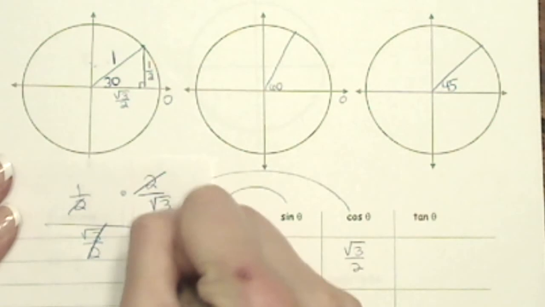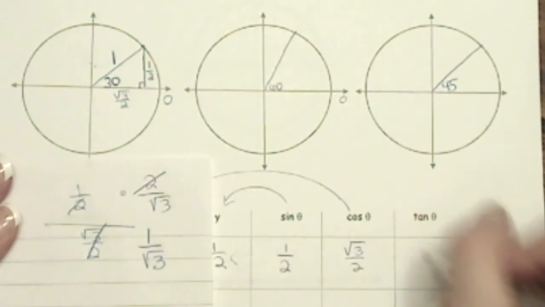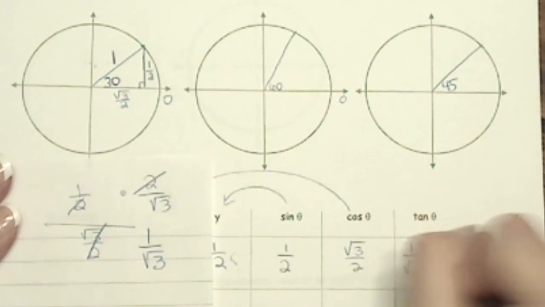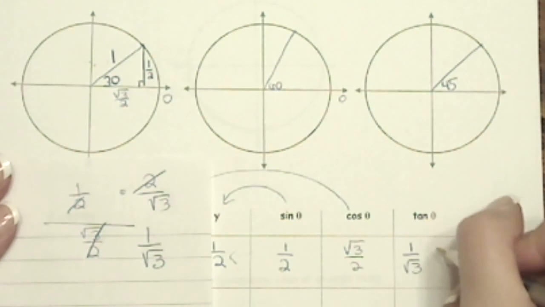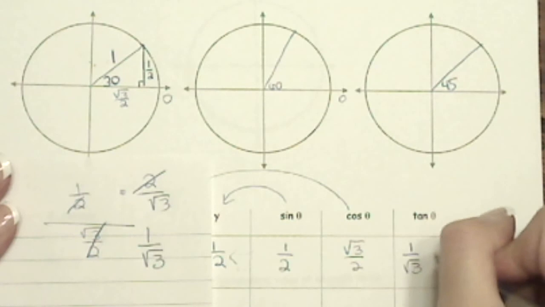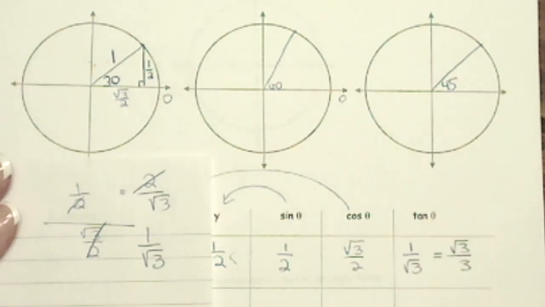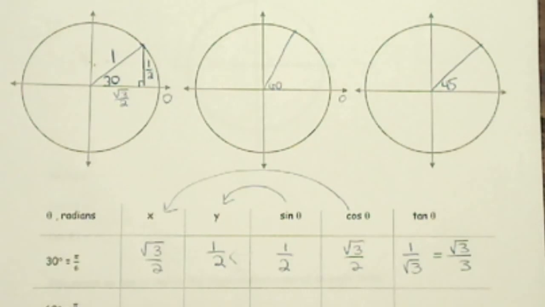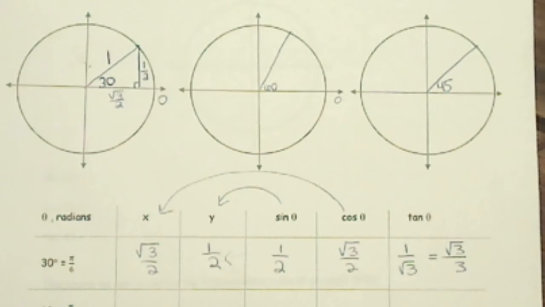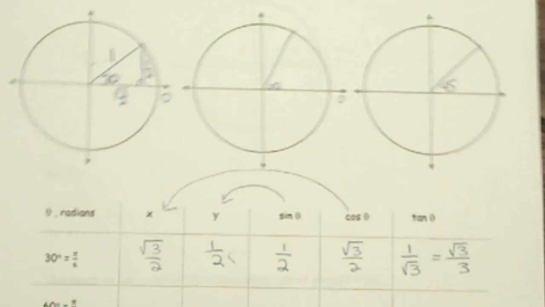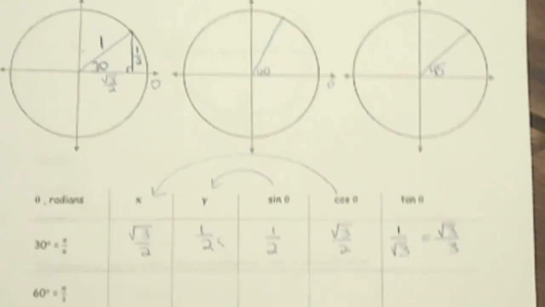We get 1 over square root of 3. That is the tangent. If we rationalize that denominator by multiplying by square root of 3 over square root of 3, we get square root of 3 over 3 as the value of the tangent, depending on whether or not you're required to rationalize your denominators. So those are all the essential values for a reference angle of 30 degrees.